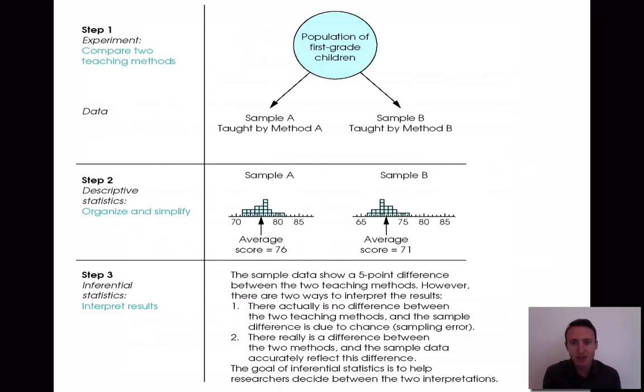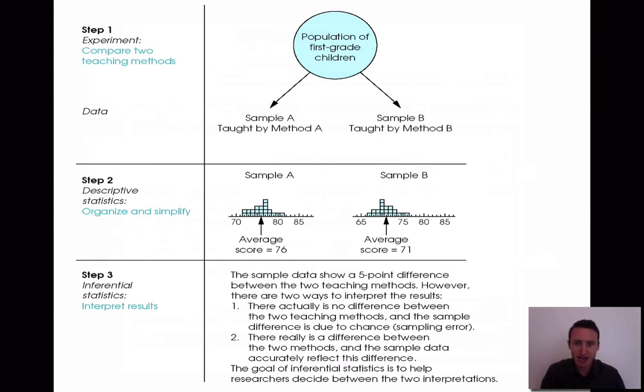Now, obviously 76 is a higher number than 71, but what's important to think about, and this is really an important takeaway for most of the class, is why there is a difference in those two numbers. So 76 is obviously higher than 71, and there's two possible reasons for that.